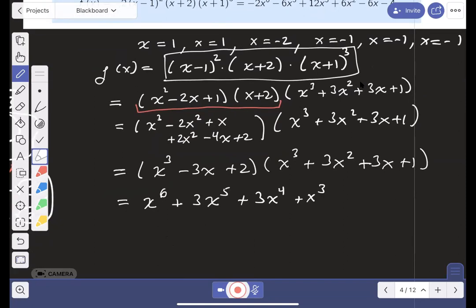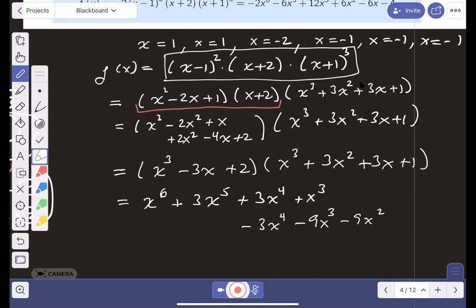So I get, minus 3x to the 4th, right? Let's see, minus 9x cubed. I get dizzy doing this sometimes too. Minus 9x squared.